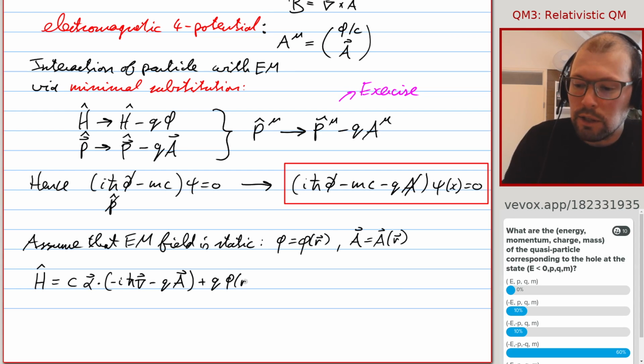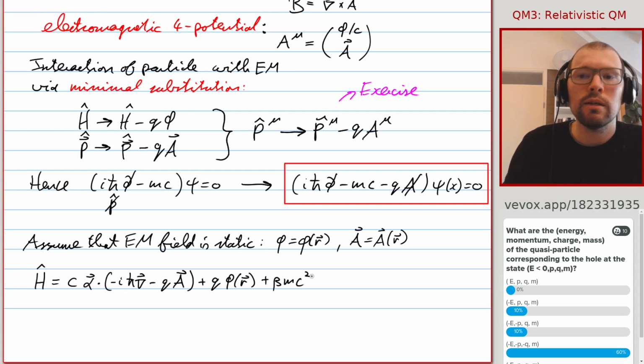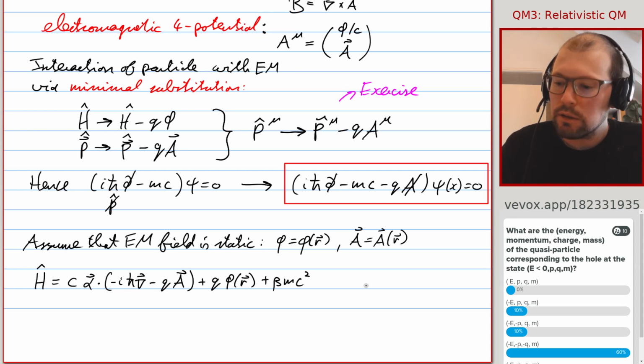So then the Hamiltonian looks like this. Now that we've chosen the vector potential and the scalar potential to be time independent, we see that the whole Hamiltonian is time independent.